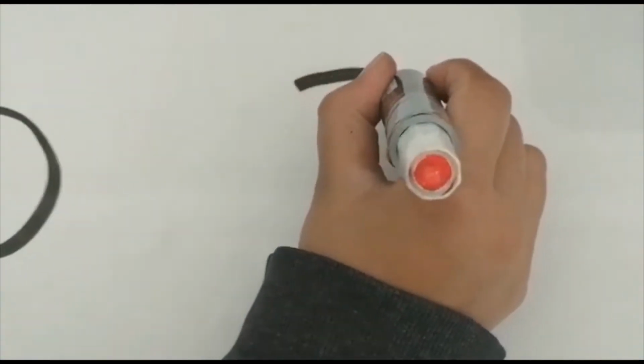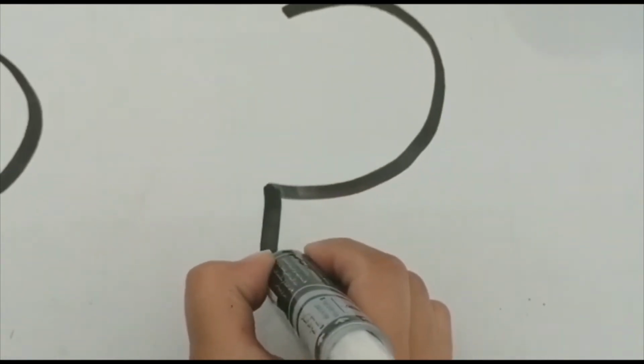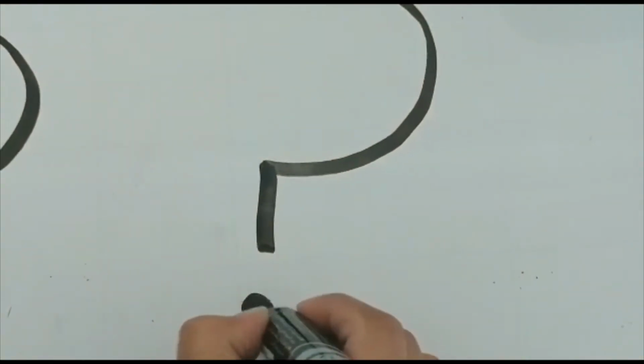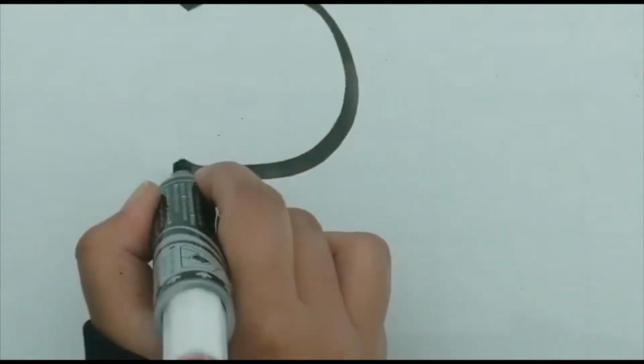A C, the letter C that is facing backward, a straight line down with a dot at the bottom. Now you try drawing a question mark. Perfect. Let's do it one more time. A C, the letter C that is backwards, a straight line down, and a dot at the bottom. And that's how you draw a question mark.